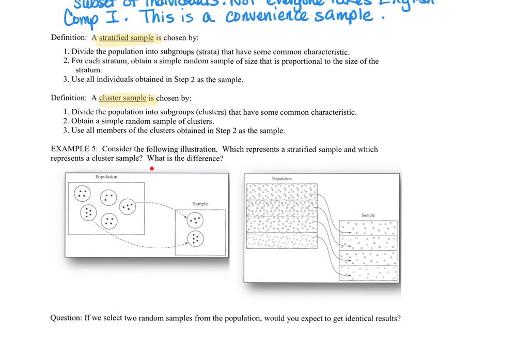What's the difference? Take a couple minutes. Look at these illustrations. Figure out which one is a cluster sample, which one is a stratified sample, and point out the difference or differences. Take a couple minutes and discuss this with your neighbors. Online, discuss it with each other.